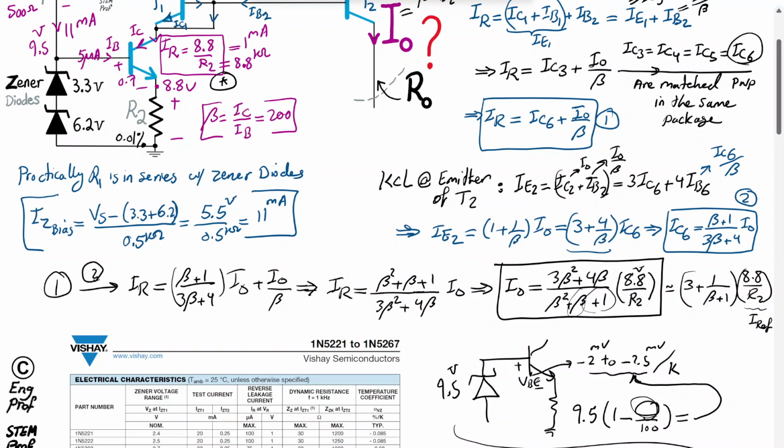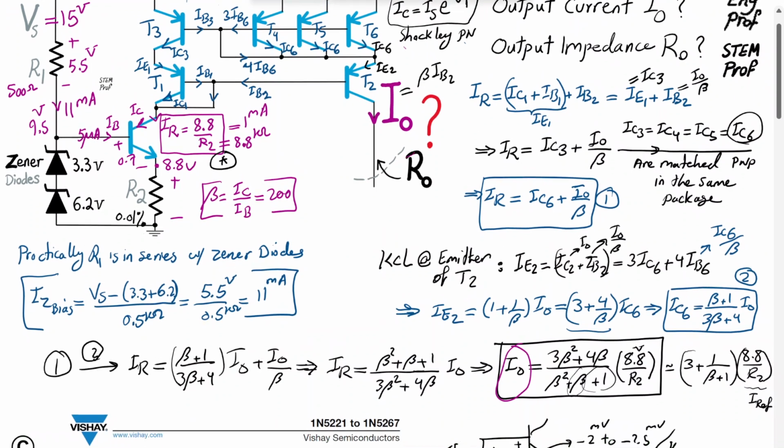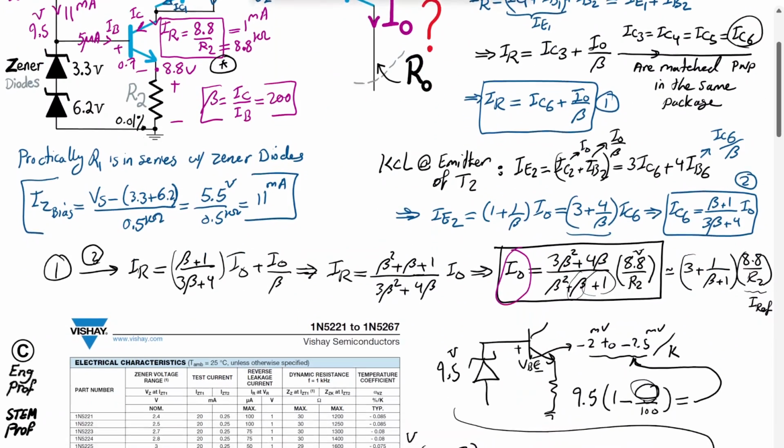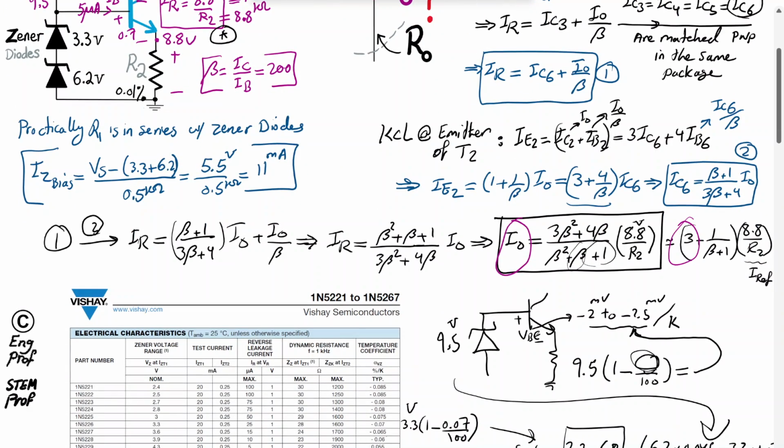So effectively the output current of the circuit is practically equal to 3 times the reference current, which is 8.8 divided by R2, and then there is an error term, roughly 1 over beta plus 1, which is pretty small.